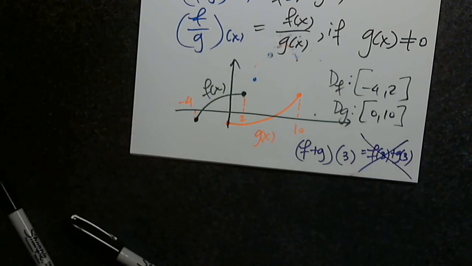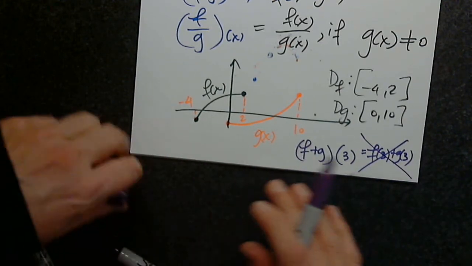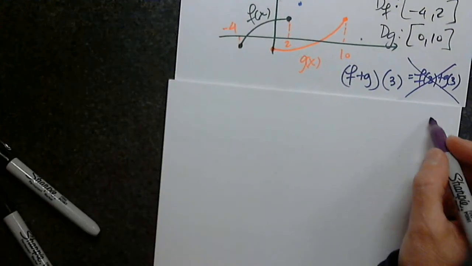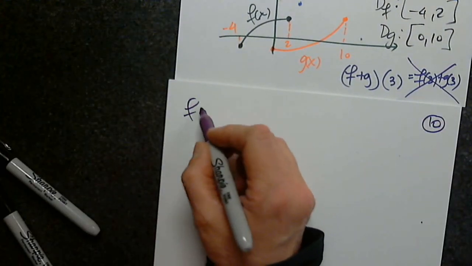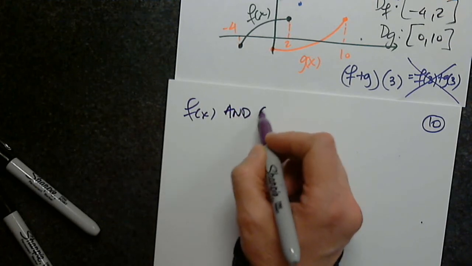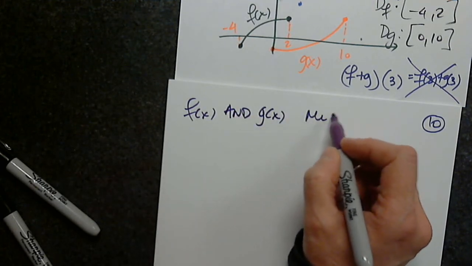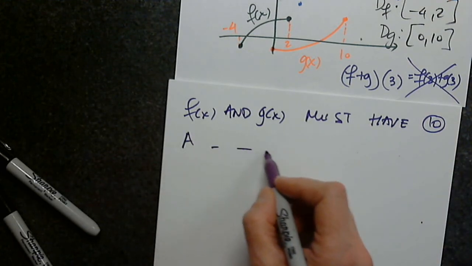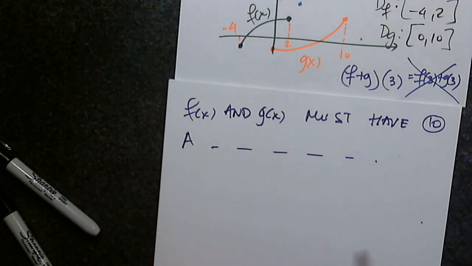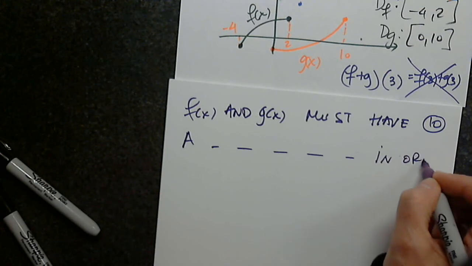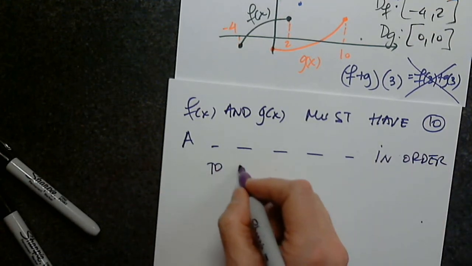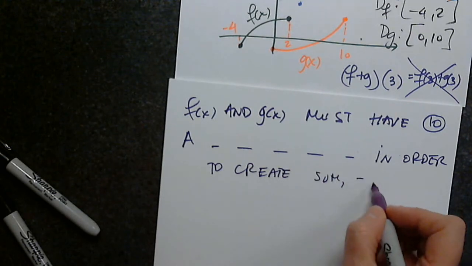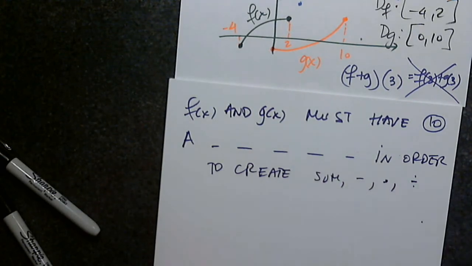Right. So then, if these two functions do not have a, so f of x and g of x must have a shared, common domain in order to create a sum, difference, product, and ratio.